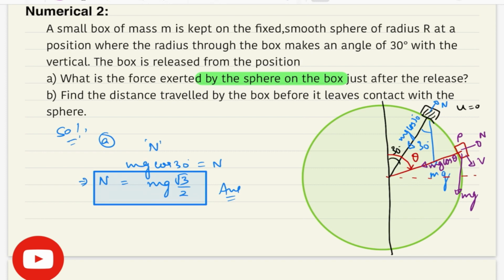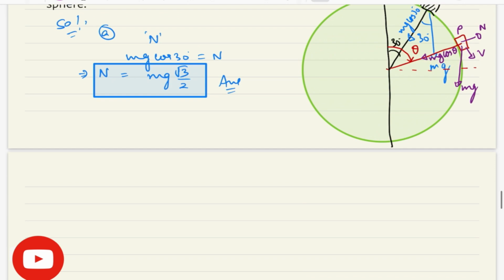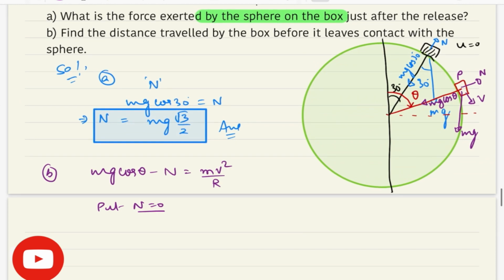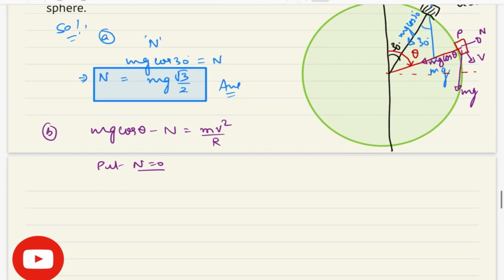Okay, so let's solve this. We will write the equation at point P. So for point P, we can write mg cos theta minus N equals mv squared upon r. This is our very fundamental equation from Newton's second law corresponding to centripetal force. Now put N equals 0 here, because the box leaves the contact from the sphere.